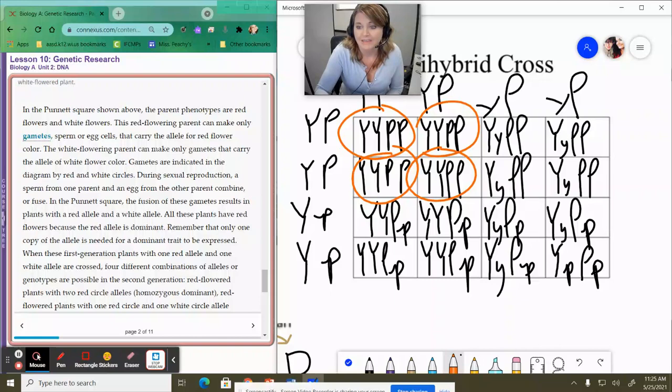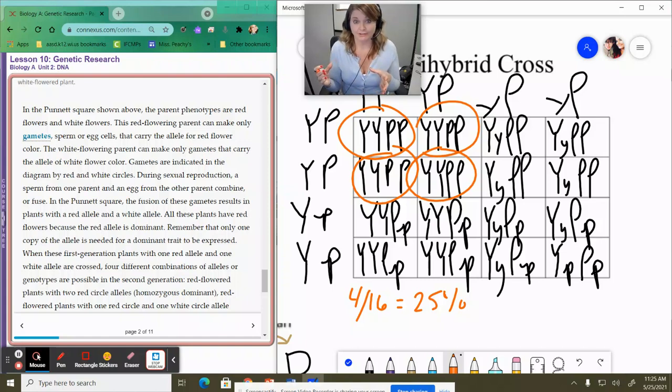And I think that's all of them. So 4 out of 16, which is 25%, are going to be homozygous dominant for both traits, right? So that's kind of how you do this. You figure out the number of them out of the total, which is 16, that have that combination of genes, and you can figure out the ratio of that genotype.